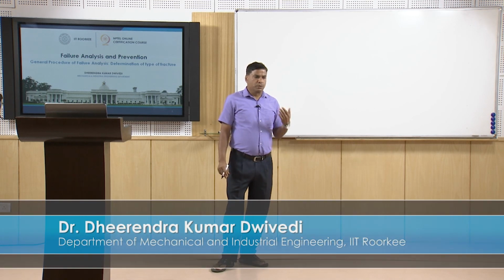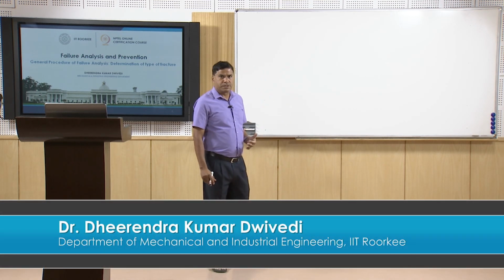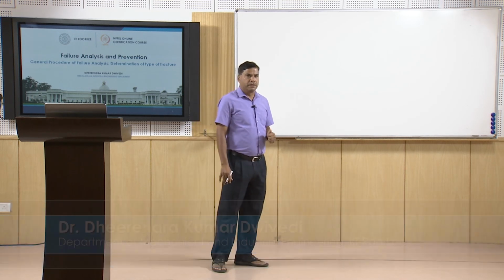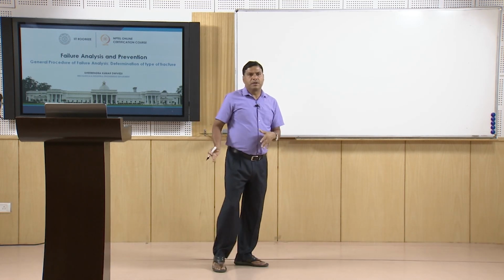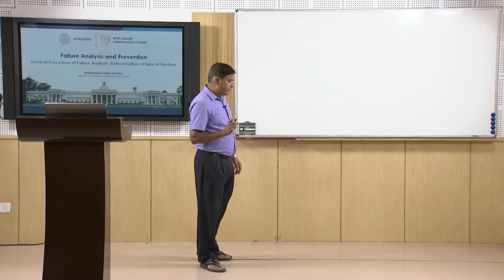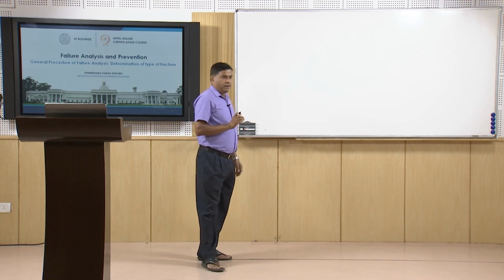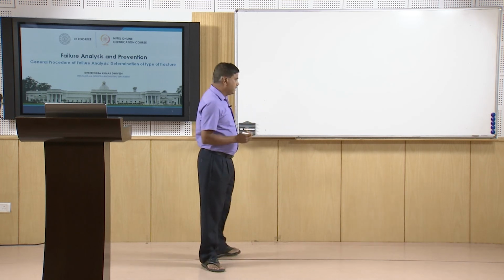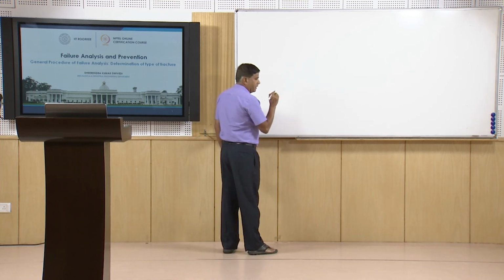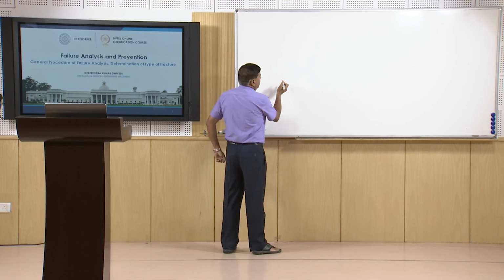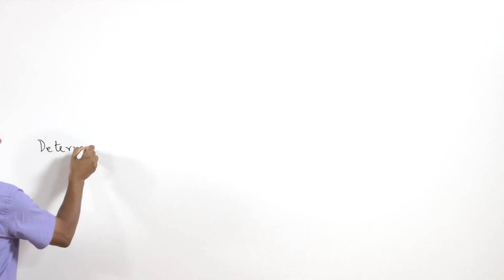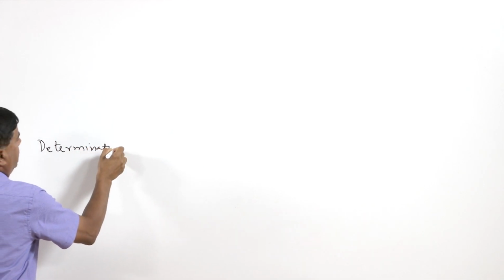In this subject so far we have talked about the fundamental sources of failure, and thereafter we started the general procedure of failure analysis. Nowadays we are talking about the general procedure of failure analysis, wherein we have talked about various aspects. But in this presentation we will be describing how to determine the type of fracture.